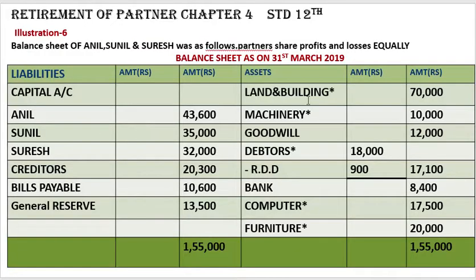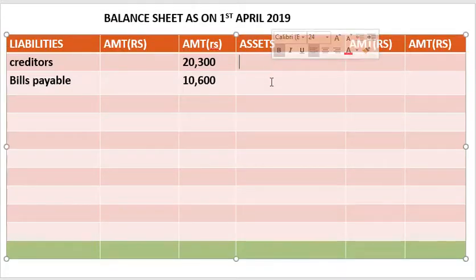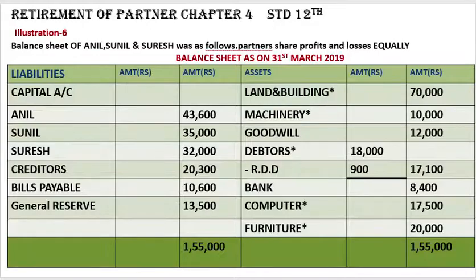Next, now we have completed posting the liability side. Now let's move towards the asset side. Land and building 70,000 will go in the asset side of the balance sheet. Land and building 70,000.